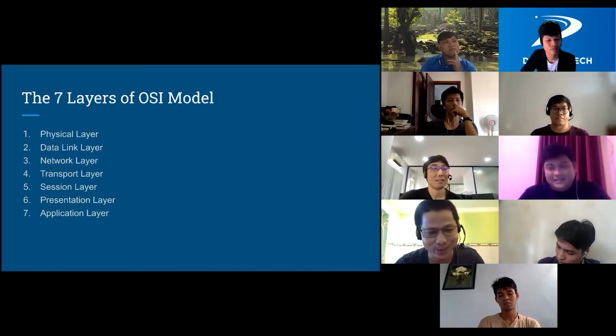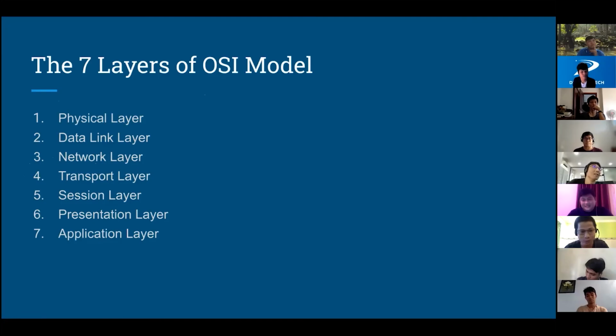Sometimes we have an issue with our application and we want to know why. If we can know how to troubleshoot our application using these 7 layers, it would be helpful for our troubleshooting operation.